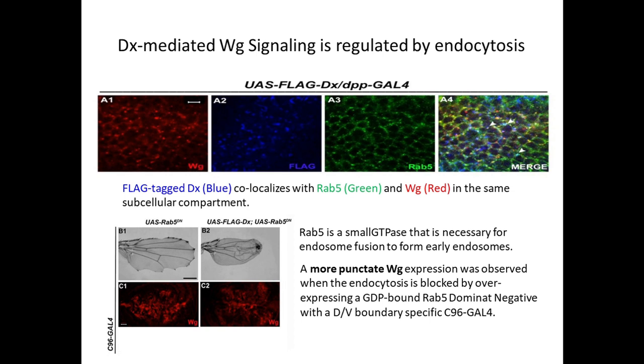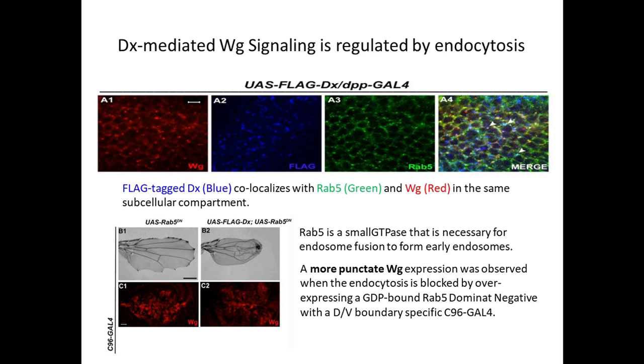A more punctated wingless expression was observed when endocytosis is blocked by overexpressing a GDP-bound RAB5 dominant negative with a dorsal ventral boundary specific C96 GAL4. Image C1 and C2 show that the expression of wingless becomes punctated when we overexpress the dominant negative version of RAB5.